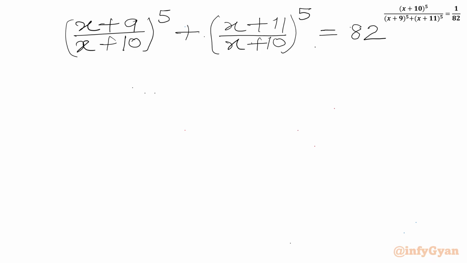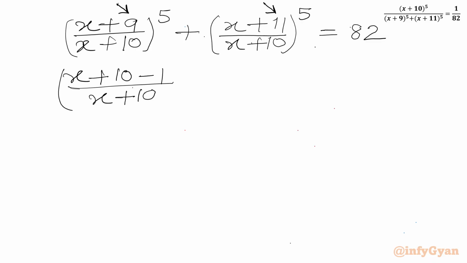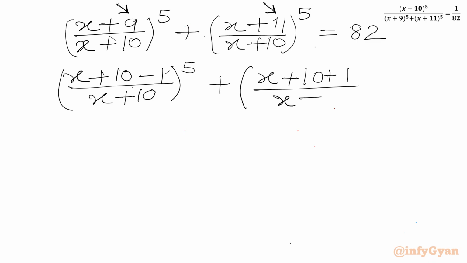Now I can write this 9 as 10 minus 1 and this 11 as 10 plus 1. So we can write ((x+10-1) over (x+10))^5 + ((x+10+1) over (x+10))^5 equal to 82.